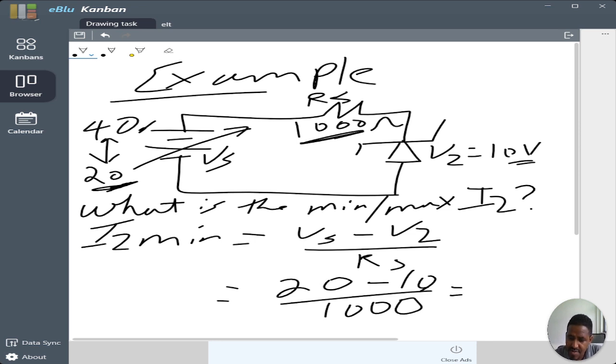The result becomes 20 minus 10, 10 over 1000, 10 milliampere. So in this series circuit, Iz minimum becomes 10 milliampere.